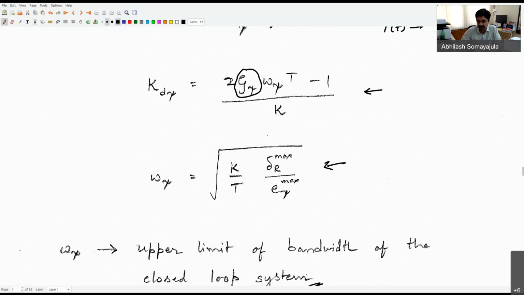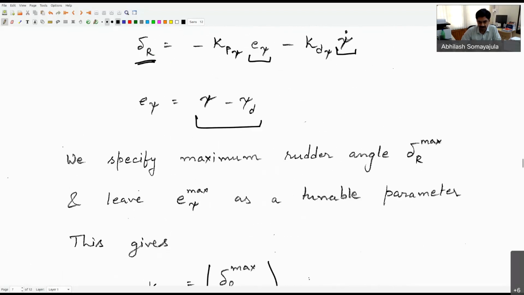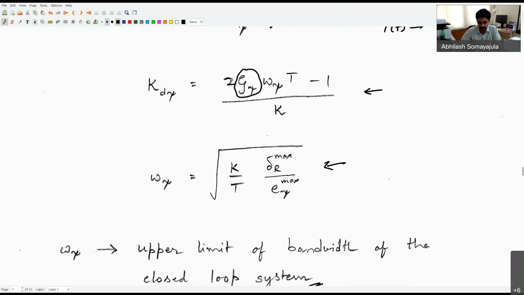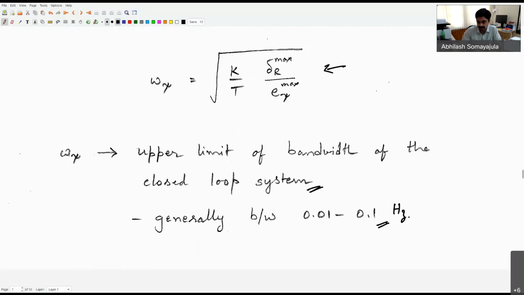All right. So if I look at the transfer function of the closed loop system and plot it versus frequency, you'll see that it looks something like that, where omega n is the natural frequency of the system.